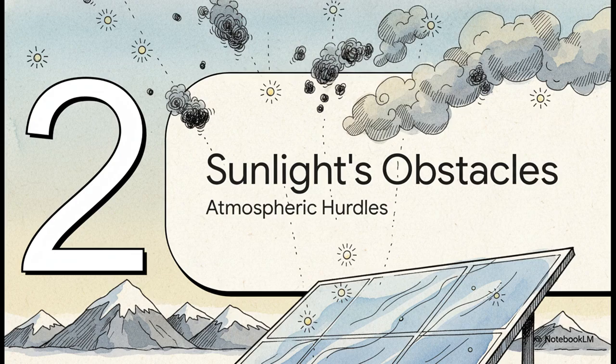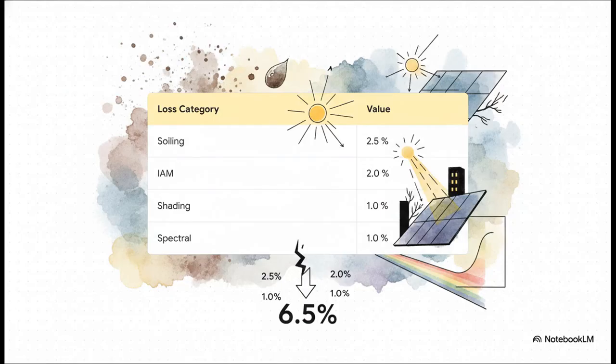Moving right along to Section 2, sunlight's first obstacles, specifically the atmospheric and surface hurdles. Let's start with the hurdles our brave little photon faces before it even manages to penetrate the solar cell glass. Sunlight immediately loses a recommended 2.5% to soiling, and yep, that means dust, dirt, and bird droppings. Then, because the sun is constantly moving, 2.0% is lost to the incidence angle modifier.